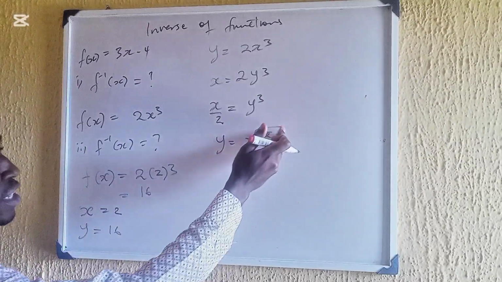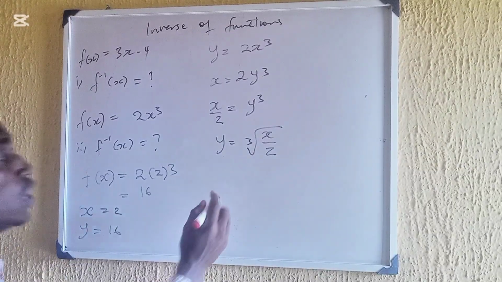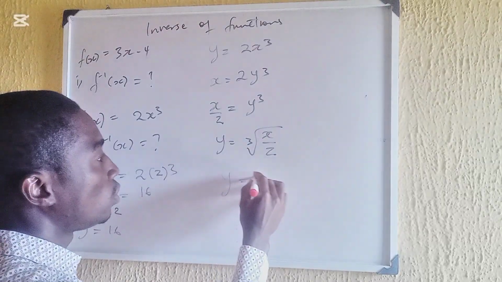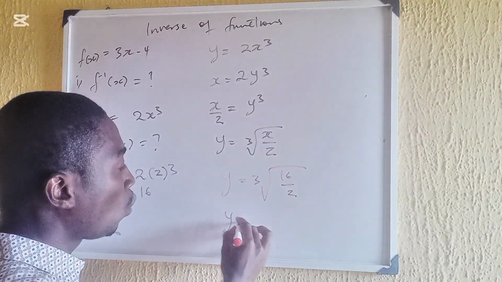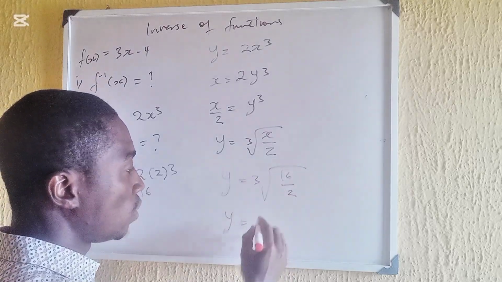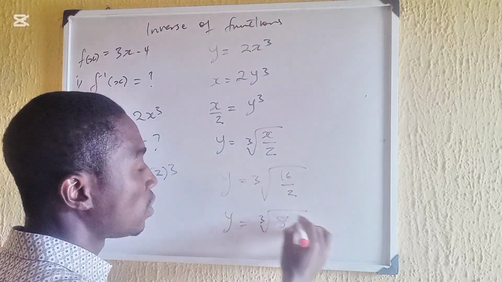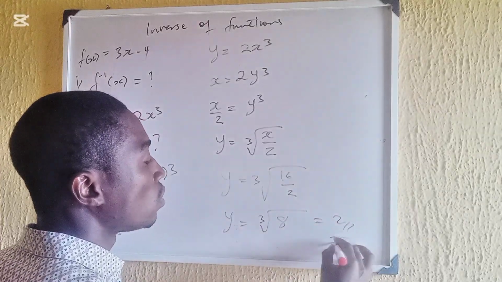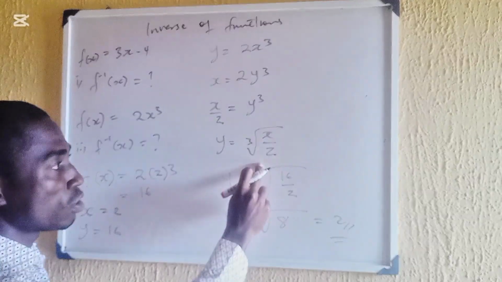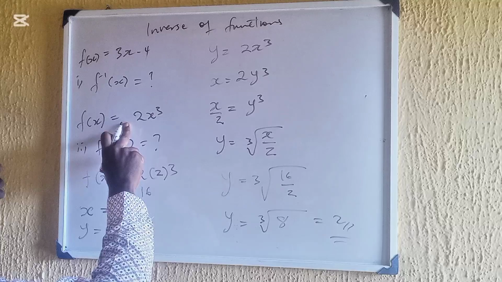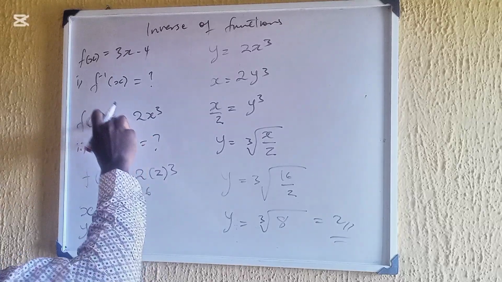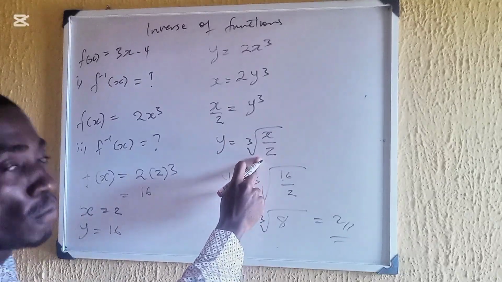When we put 16 as the input, we are supposed to get 2. Let's go ahead. y is equal to cube root of 16 over 2. y is equal to cube root of, 16 divided by 2, we have 8. Cube root of 8 gives us 2. So it shows that this function is the inverse of this function.